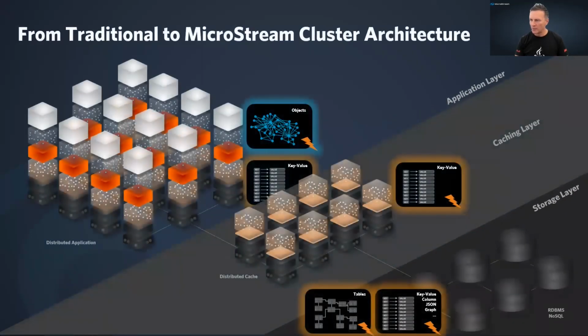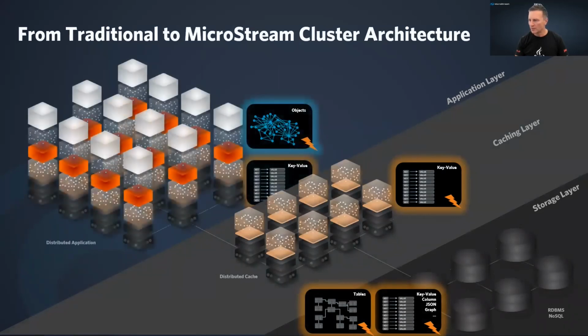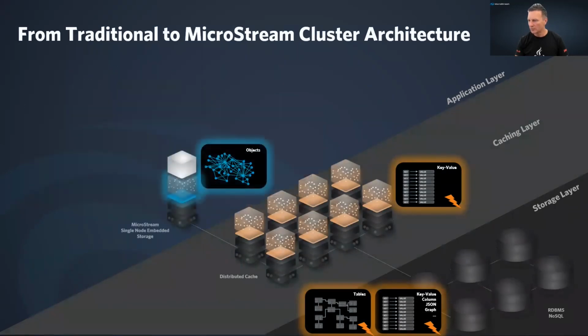Then let's compare it with the cluster architecture. Now we replace our application cluster with a MicroStream node. So it's super powerful. Perhaps you can replace an entire cluster with one MicroStream node, and it's not the MicroStream node. Actually, it's a Java node. So the power comes from the JVM.